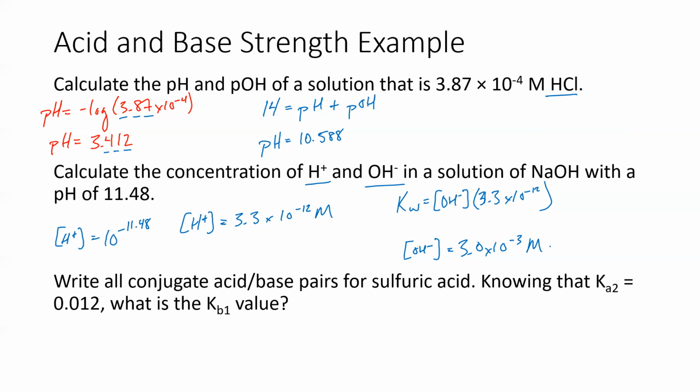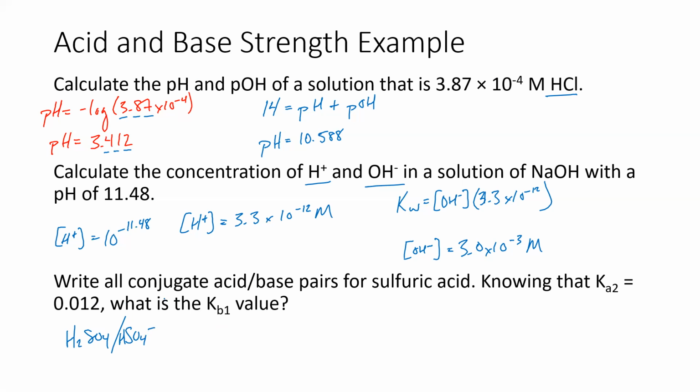All right, so conjugate acid-base pairs for sulfuric acid. Well, sulfuric acid is H2SO4. What's the conjugate base for H2SO4? HSO4 minus. Yep, HSO4 minus.